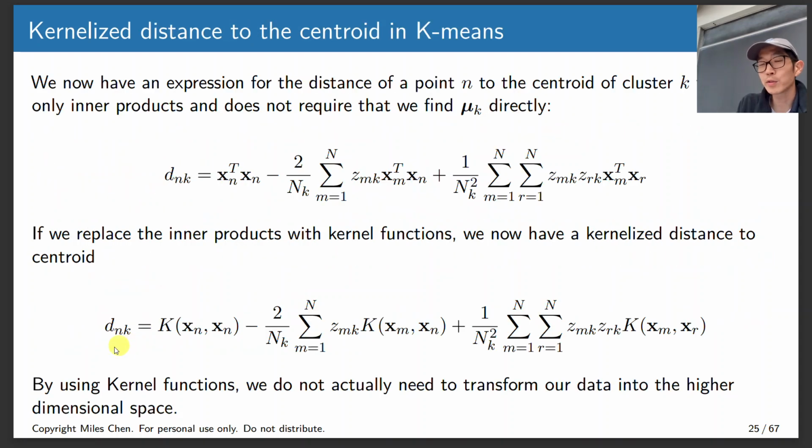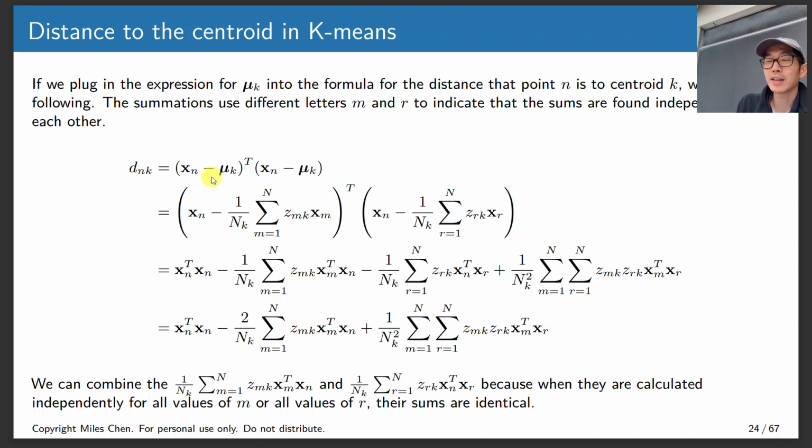Now that we have a formula for the distance, this distance formula doesn't actually require us to find the centroids themselves. This back here made sense. You find your x, you find your centroid, you take the difference between x and the centroid, and you square that distance.